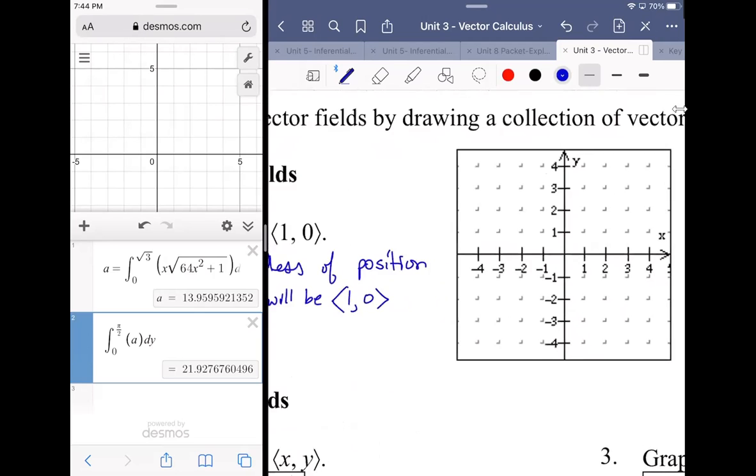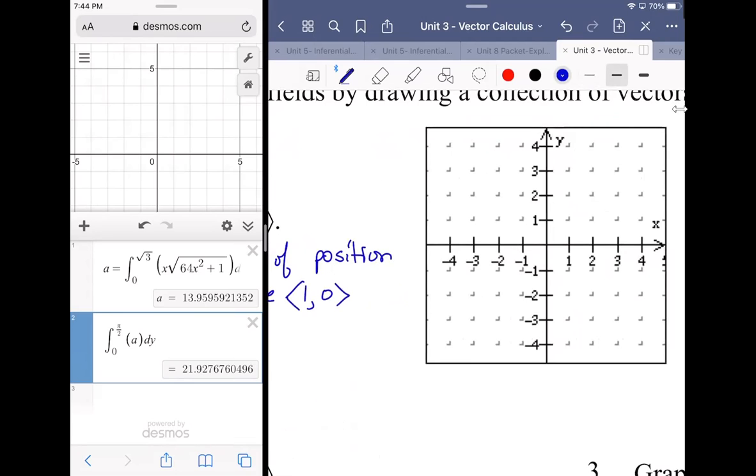Now, graphically, that's just saying that at every single point, -4, 4, -4, 3, and so on, every one of these points, you're going to have a vector of 1, 0. I tried my best to say that the wrong way, and fortunately I failed and said it correctly.